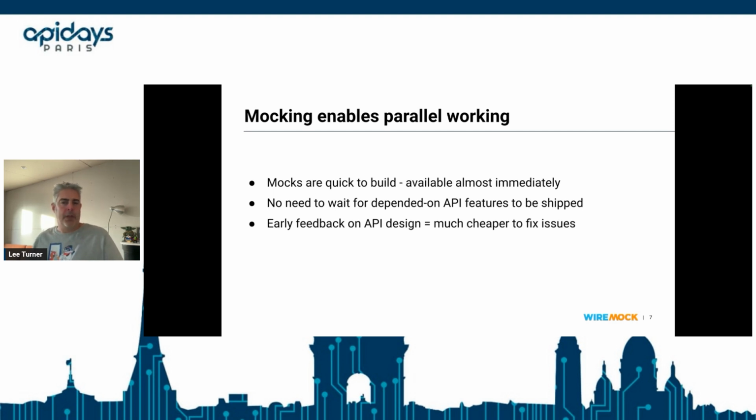And with mocks, you have that ability to build against something right from the start, or at the very least just interact with it to see how it feels, how it works. And you get that early feedback, hopefully before the producing teams have started implementation and made what could be quite costly implementation decisions or mistakes.